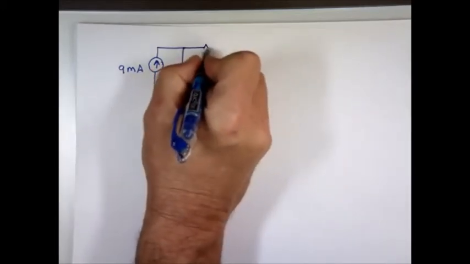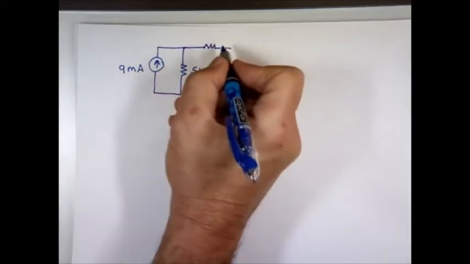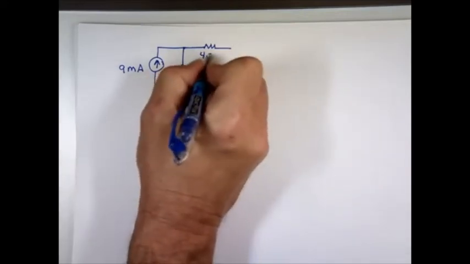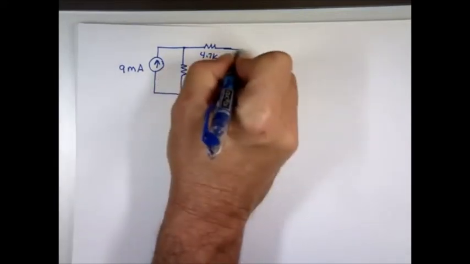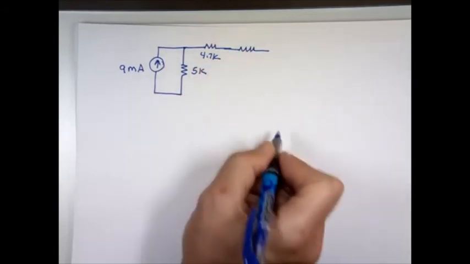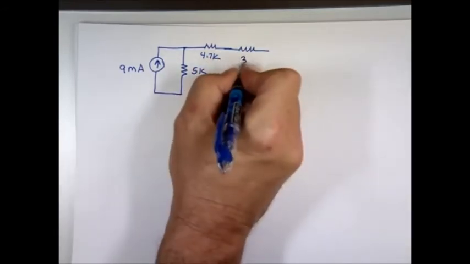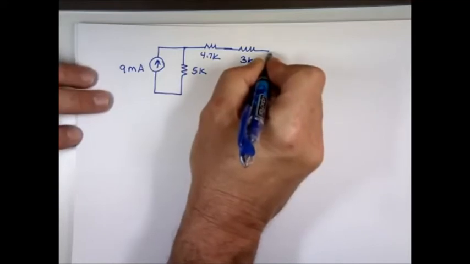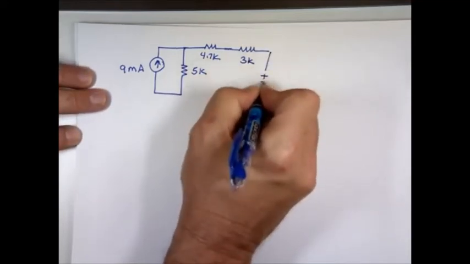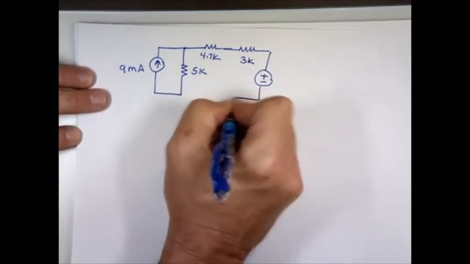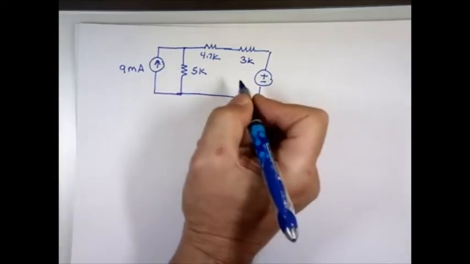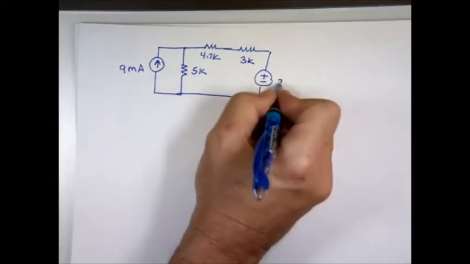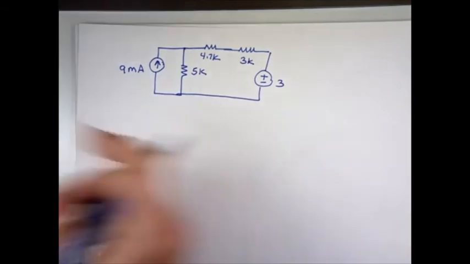On the top here I have 4.7K, another resistor of 3K, and a voltage source of 3 volts. And the question, what is I here?